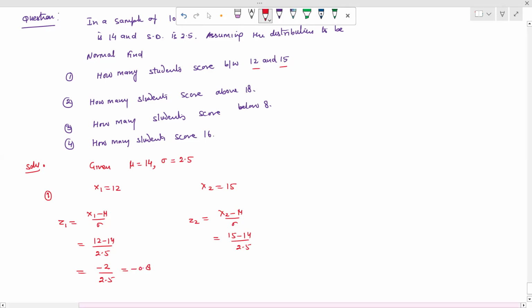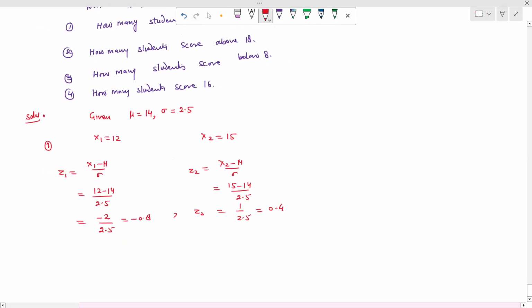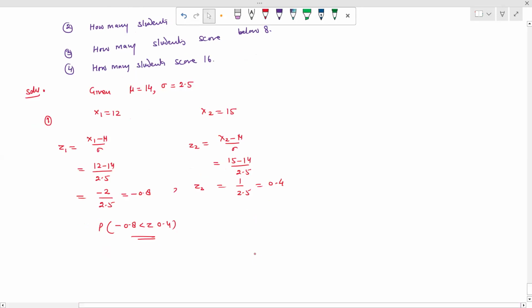And the value of z2 equal to 1 upon 2.5. So this is equal to 0.4. So the values of z1 and z2 are -0.8 and 0.4. So now we are going to calculate the probability between -0.8 and 0.4. So we convert this x score into z score, standard score z.